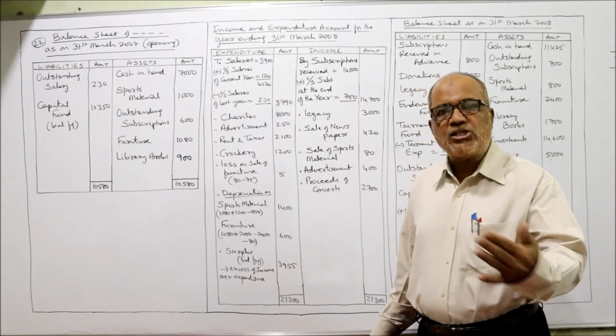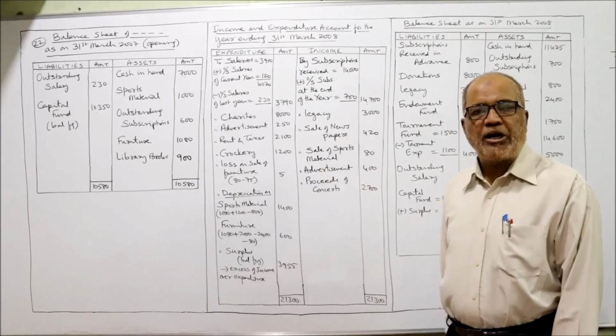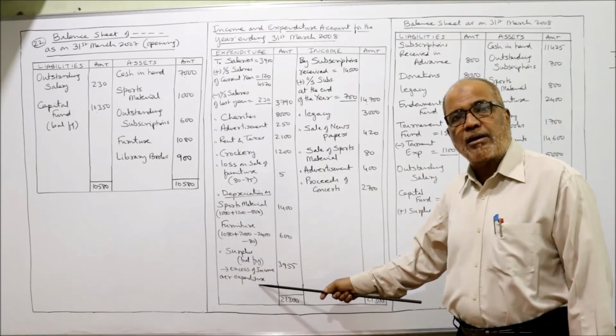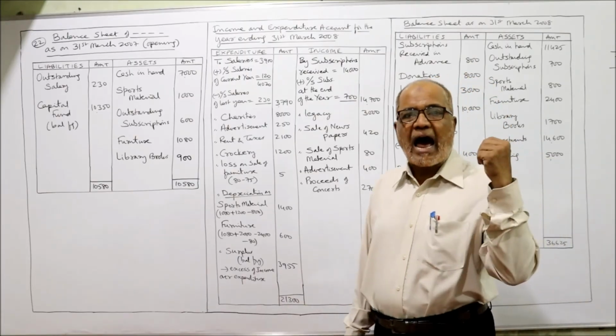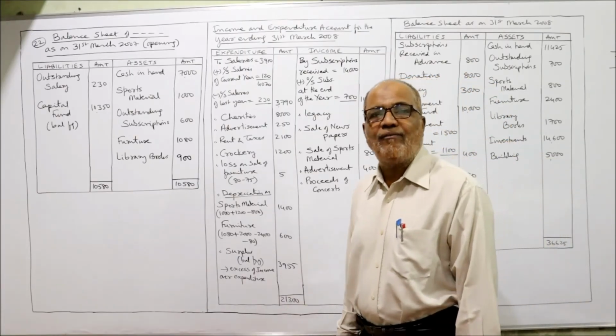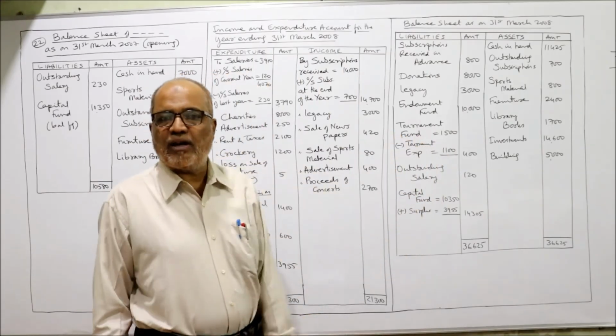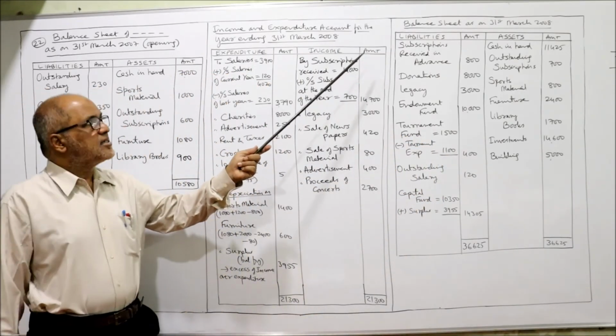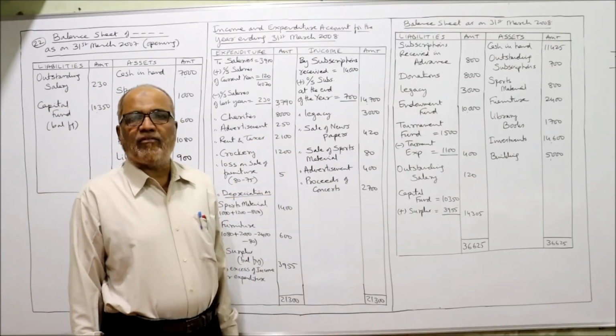Surplus means excess of income over expenditure. Income is more, expenditure is less. This surplus will be added to the capital fund on the liability side of the balance sheet. Now I am making the balance sheet. Subscriptions received in advance.